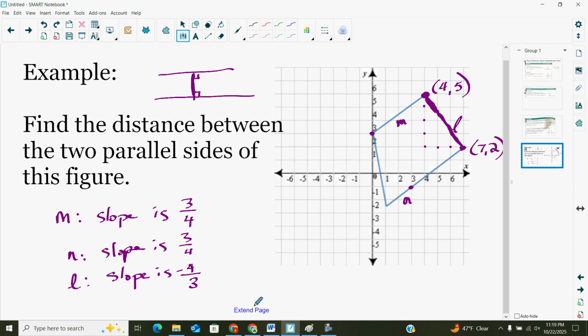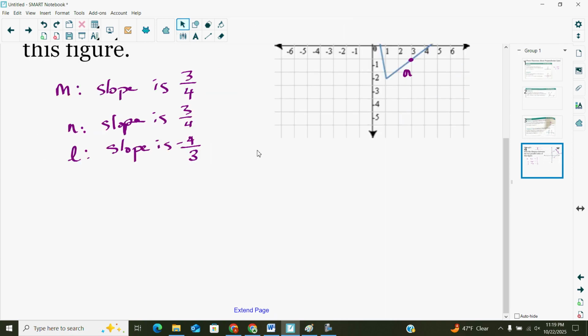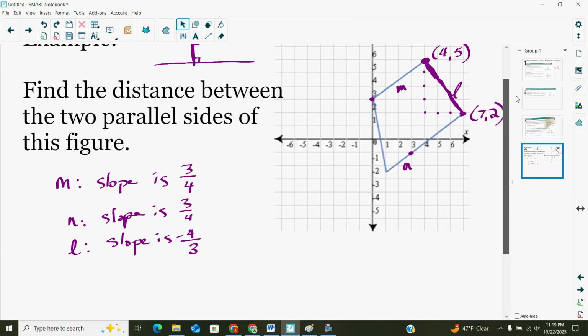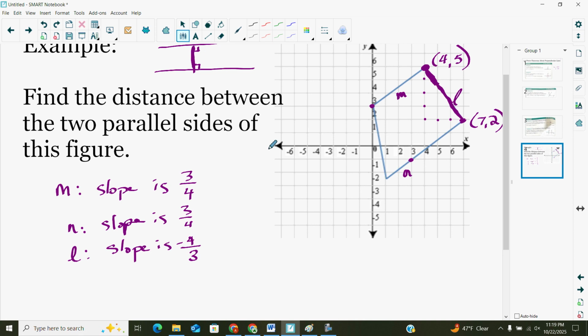It's been a minute, but we do know how to find the distance between 2 points. We use the distance formula. Distance between 2 points is equal to the square root of x sub 1 minus x sub 2 squared plus y sub 1 minus y sub 2 squared.